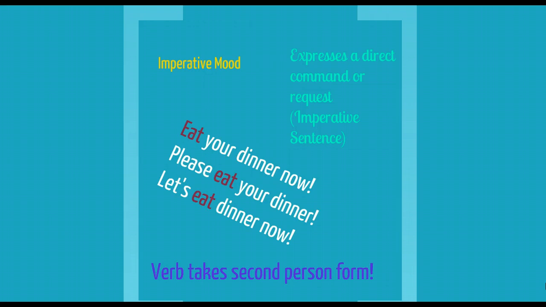We have that missing subject, but really we're just implying you. Right? I'm really saying you eat your dinner now. I'm saying please you eat your dinner, or let you and I eat dinner now. So we're using that second person form to conjugate when we use the imperative mood.